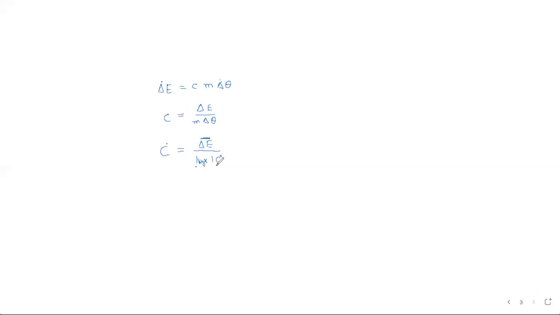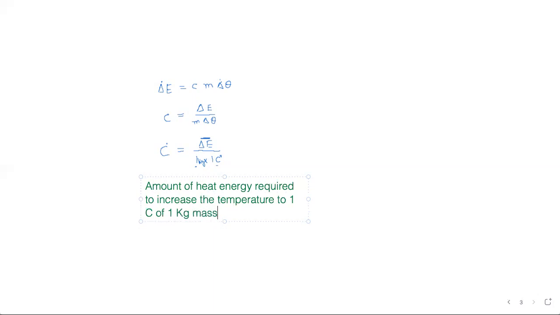So if I want to calculate the heat capacity for 1 kilogram mass of a material to increase by 1 degree centigrade only, then this C is in fact the energy required to heat up 1 kilogram by 1 degree centigrade, isn't it? Yes. So from this formula, you can understand the concept of heat capacity. The heat capacity is the amount of heat energy required to increase the temperature by 1 degree centigrade of 1 kilogram mass of an object, isn't it?